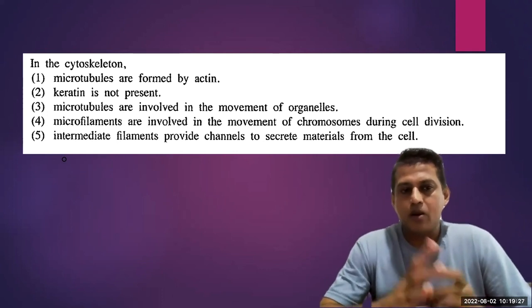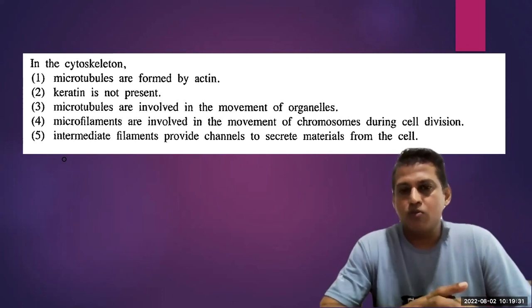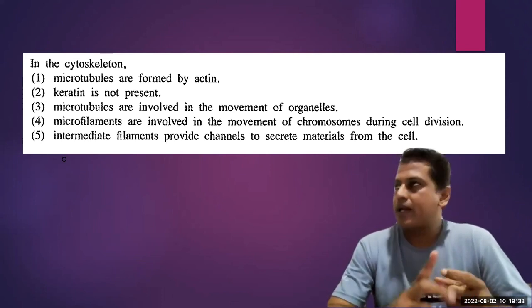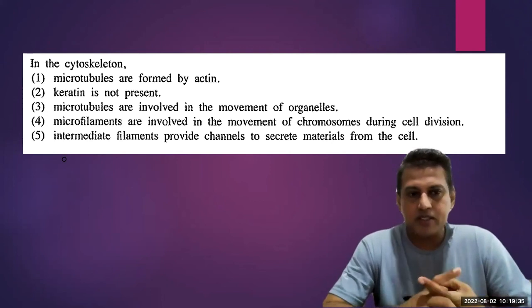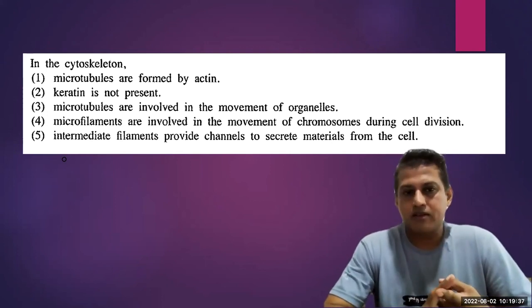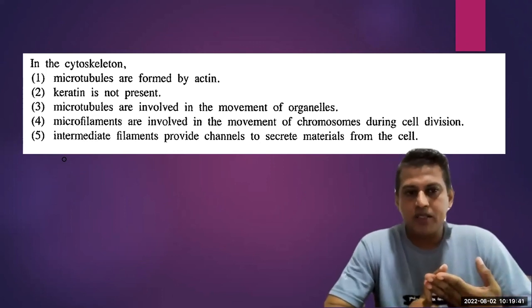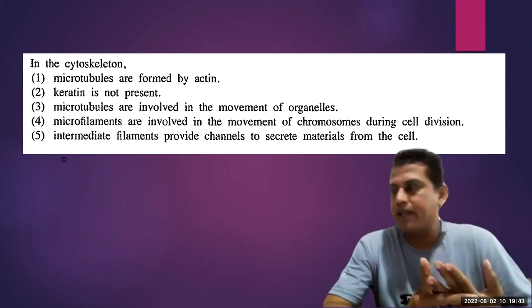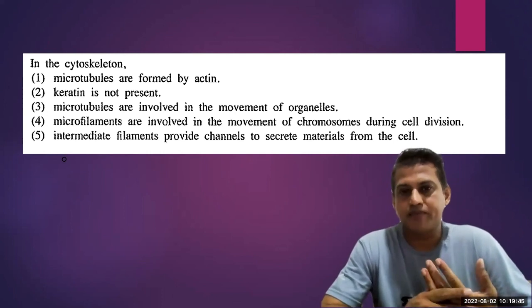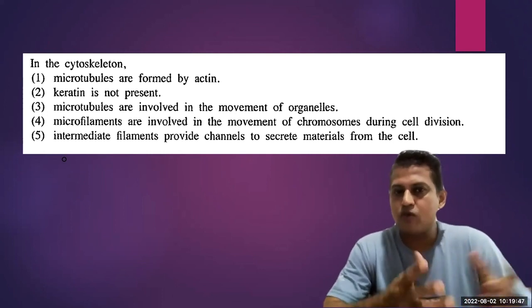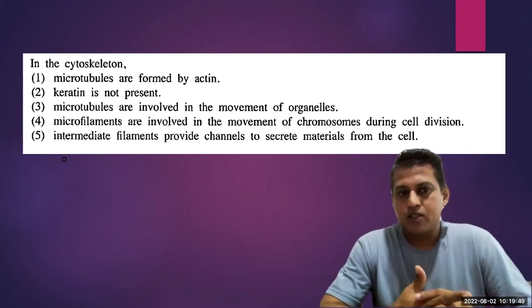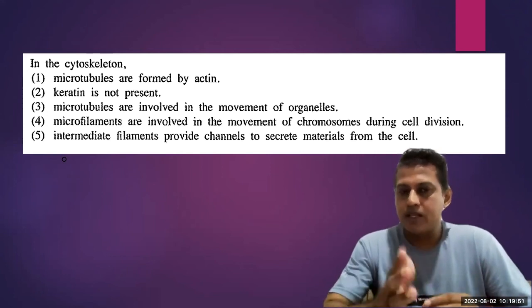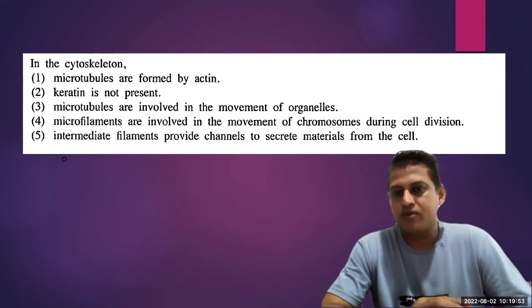Third one, microtubules are involved in movement of organelles. So what are the four functions of microtubules? Shape and strength, chromosome movement, organelle movement, and the motility of cell movement. So it's mostly involved in movements. So microtubules, we learned, are clearly involved in movement of organelles.